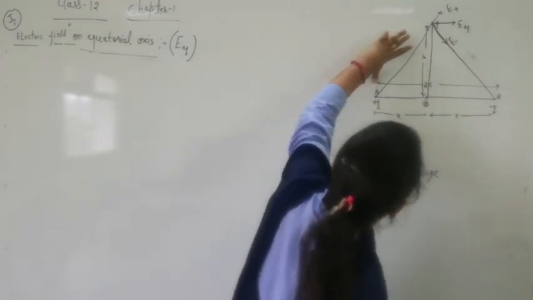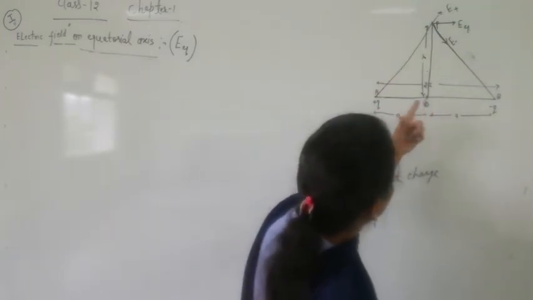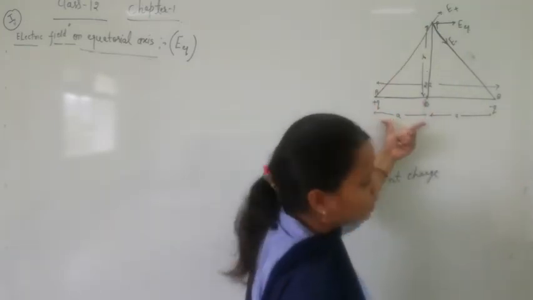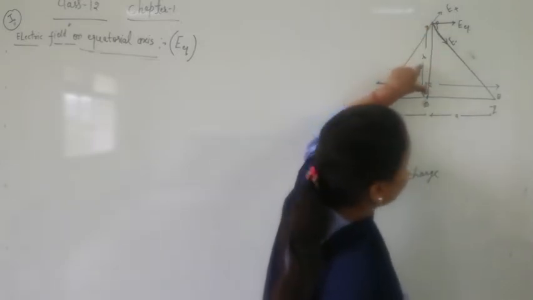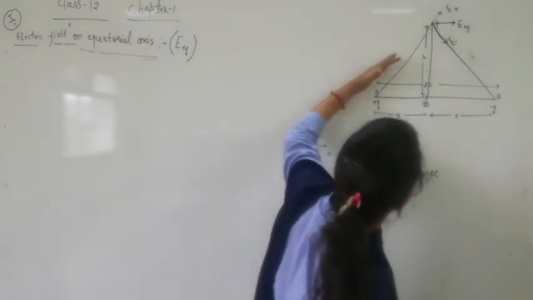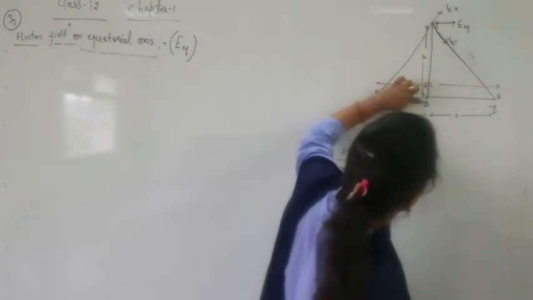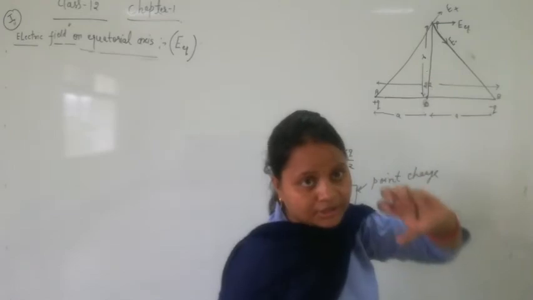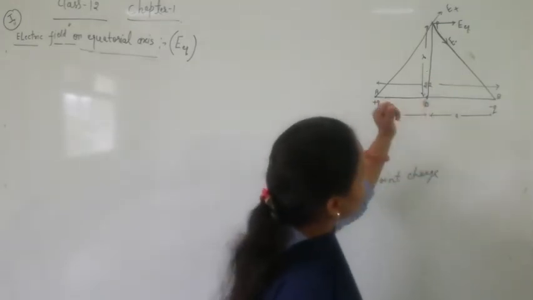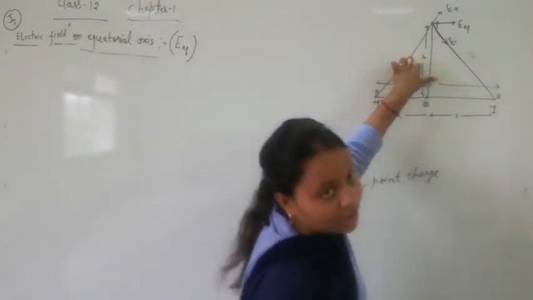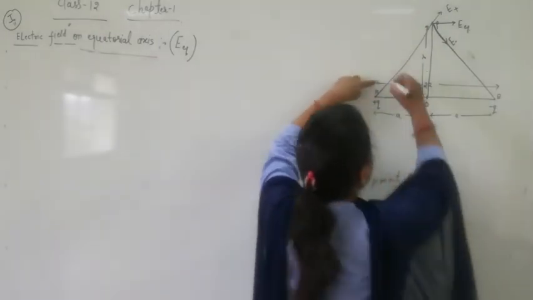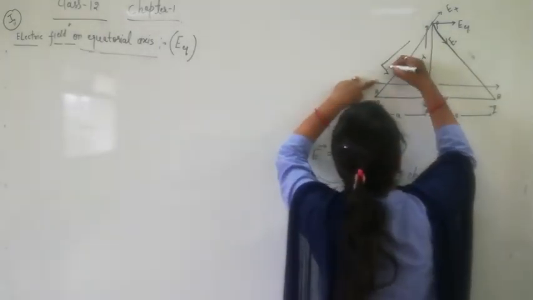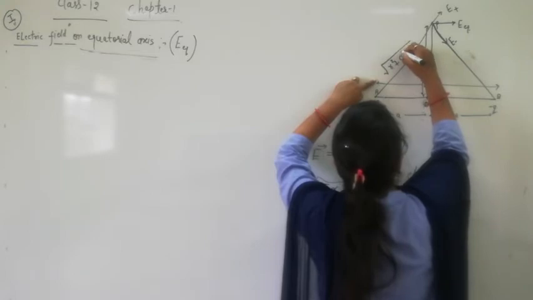So here OA is a small a again, OP is a small r, and this is a right angle triangle. Base is small a, height is small r, and the hypotenuse of the right angle triangle is the square root of r square plus a square.